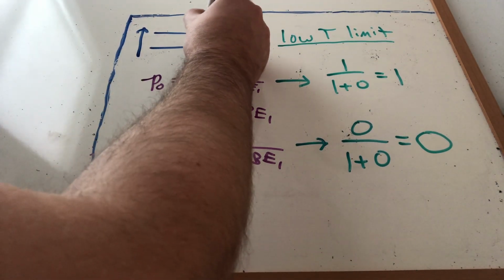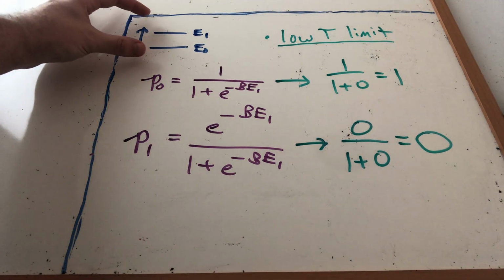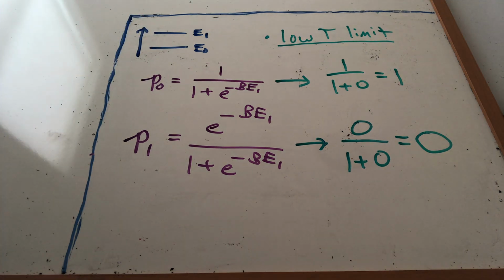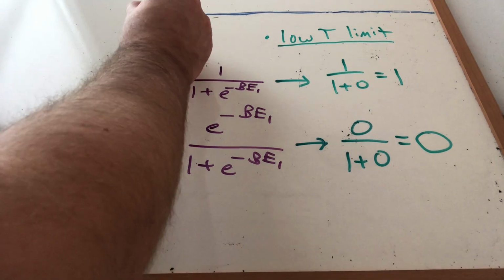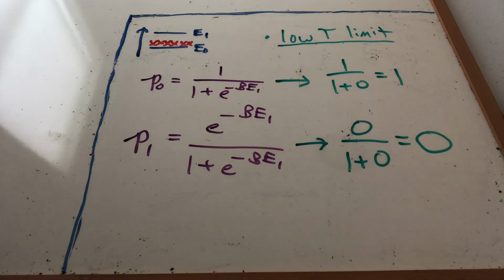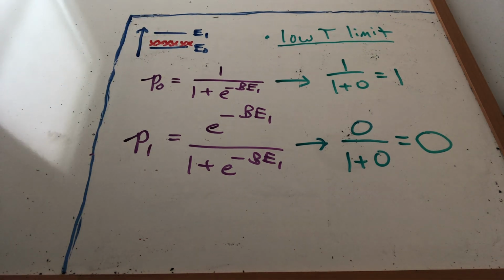Here's E0. Here's E1. What happens when I take the thermal energy out? I get to a point where only that bottom state is populated. In this low temperature limit, every time I look to find a system in a certain energy state, there's not enough thermal energy to get any movement up into that higher energy state.